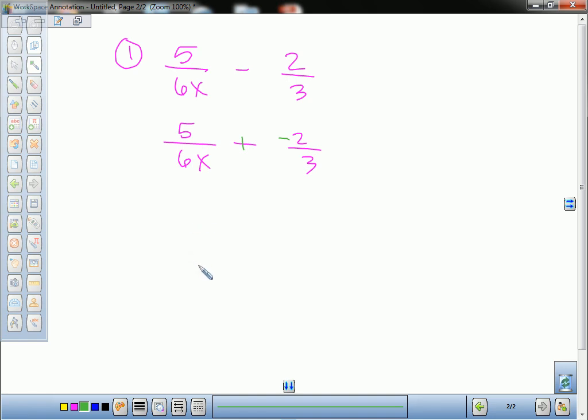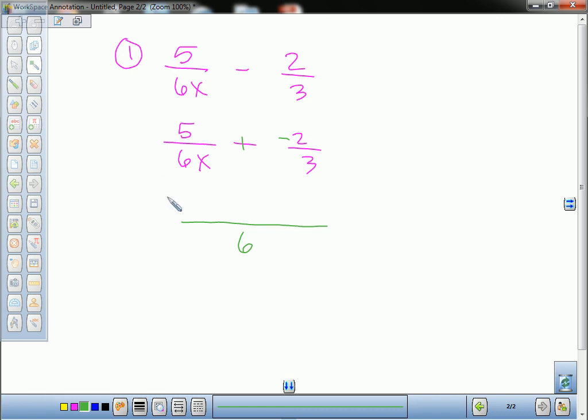What do you think? 6. It's 6. Because 6 divides into 6 and 3 divides into 6. So if we're looking for a common denominator and we have numbers, the common denominator at least has to be equal to the greatest number.